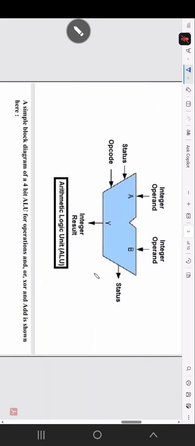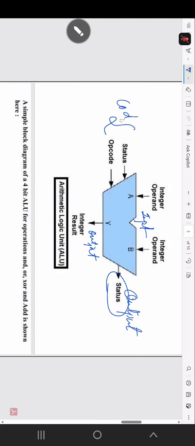So we have already discussed here, this is the input, and here the output, and there is an output status, and here a code or instructions.